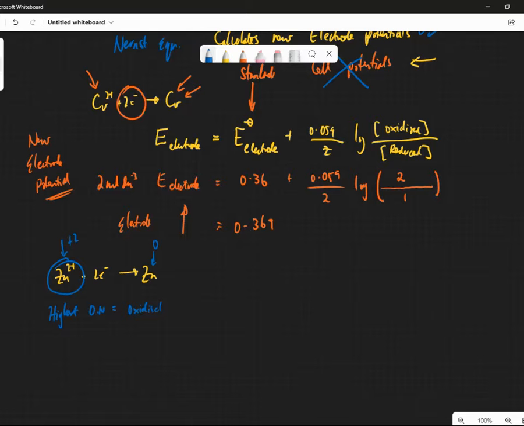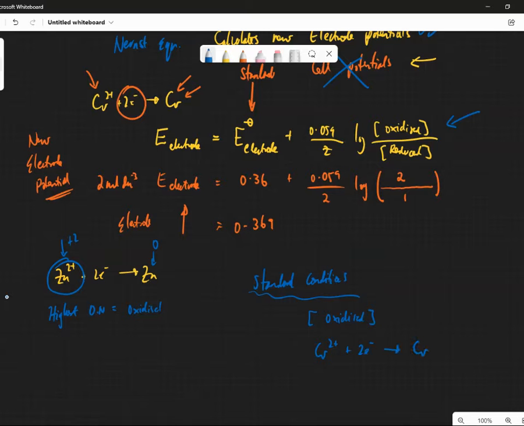Both of you have a look at the Nernst equation here. Now, ladies and gentlemen, or ladies, I should say. If we have standard conditions, what is the concentration of the oxidized form in this equation?